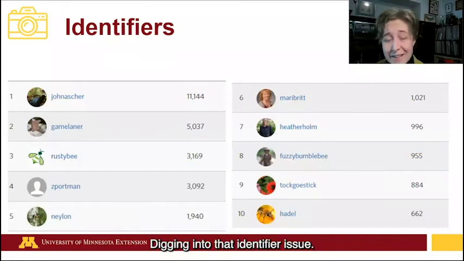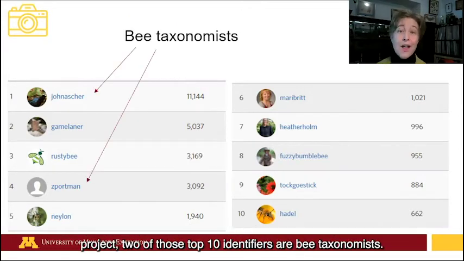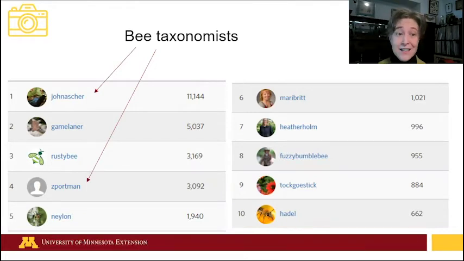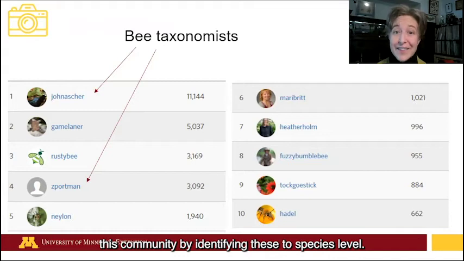Digging into that identifier issue again, here are our top 10 identifiers from bees within the iNaturalist Minnesota Bee Atlas project. 2 of those top 10 identifiers are bee taxonomists. Neither of them were directly associated with the project, but they're going in and spending a lot of time helping this community by identifying bees to species level.